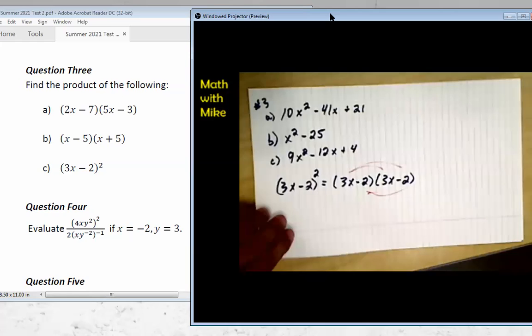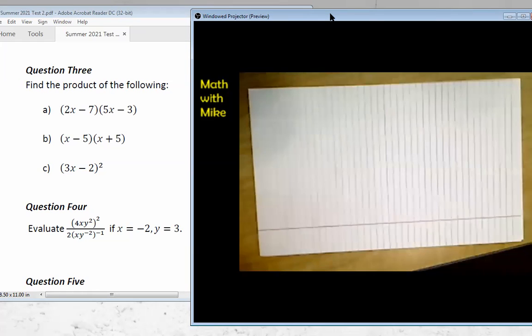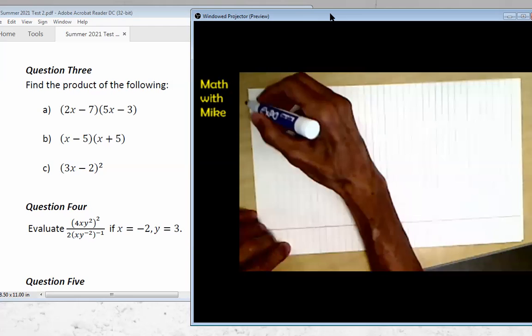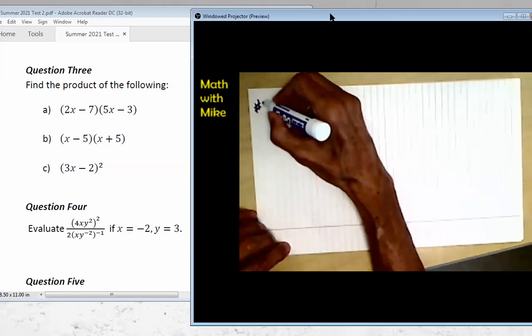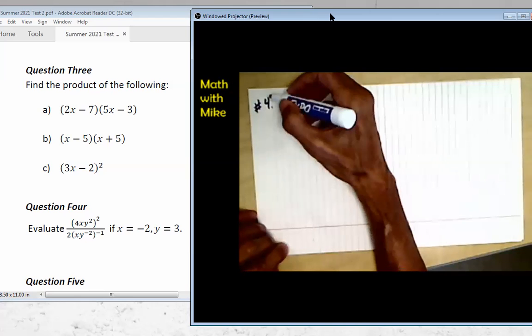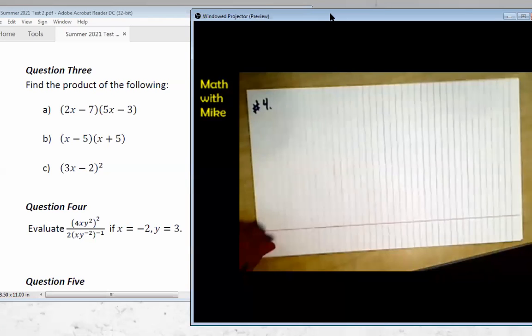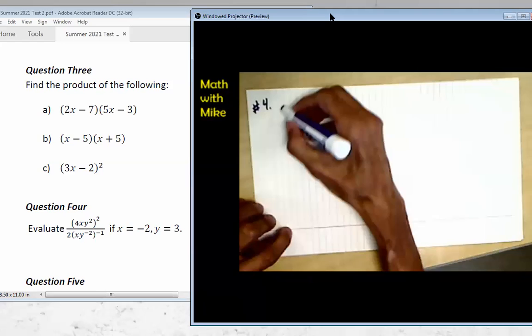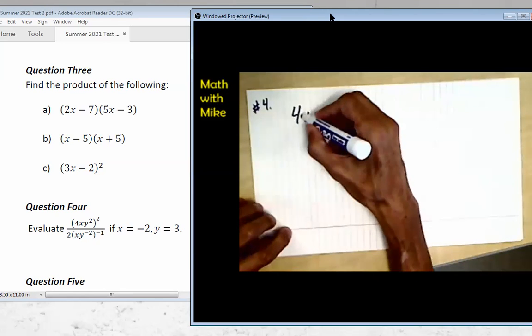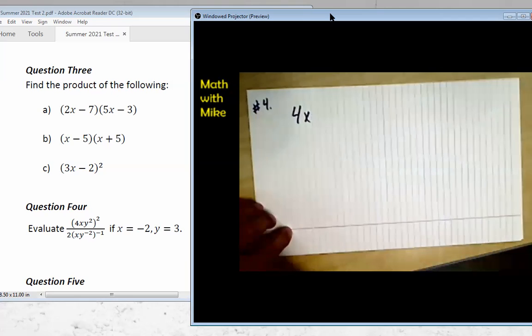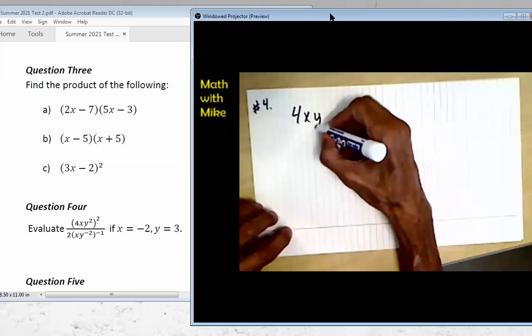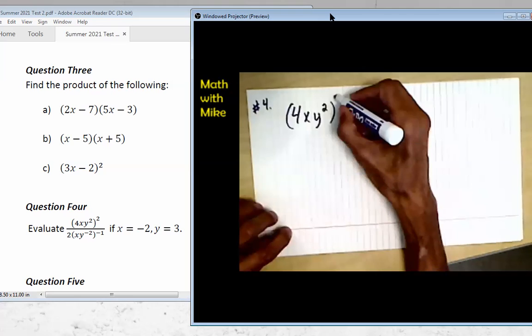Question number 4. It says evaluate with all those minuses in there and such. So the key thing for this type of question, without a word of a lie, is to write it big, because those little exponents can start getting scrunched together and then mistakes are made. So I'm going to use the whole page for this one little question. And hopefully things won't get scrunchy. What do we got? 4x y squared on the inside, squared on the outside.